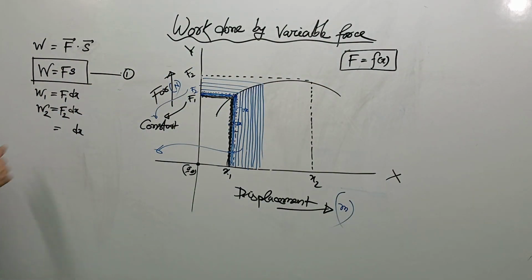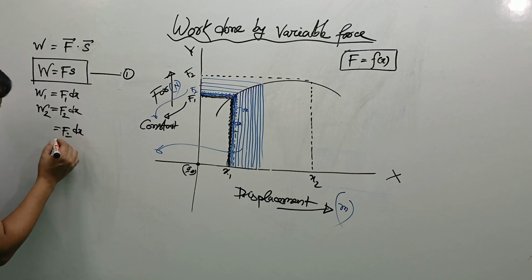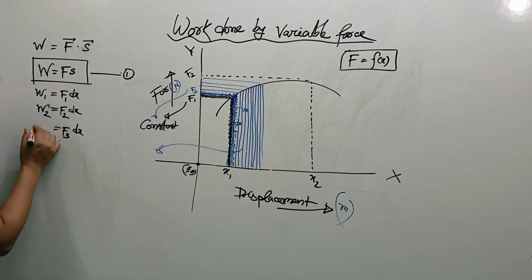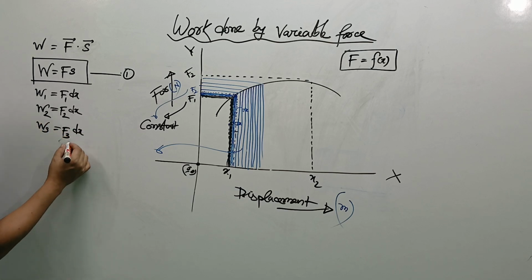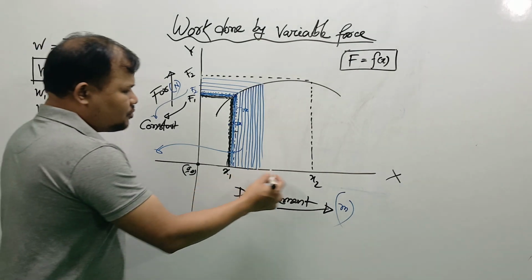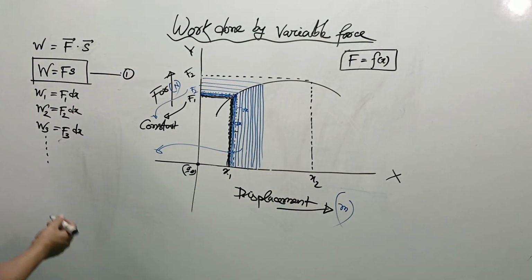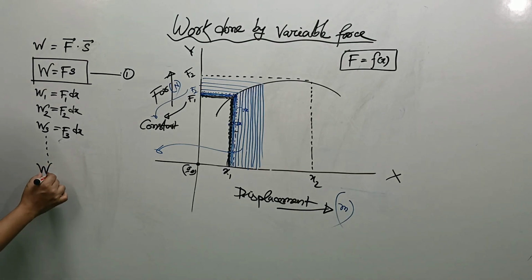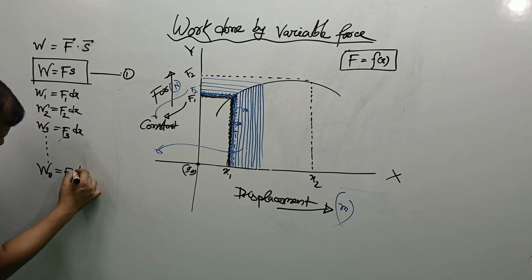Because of that reason we write this. The work done for F3 is F3 dx. In this way, if we divide x1 to x2 into n parts, then the work done will be the applied force times dx.